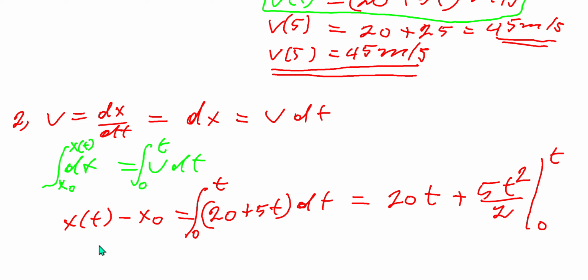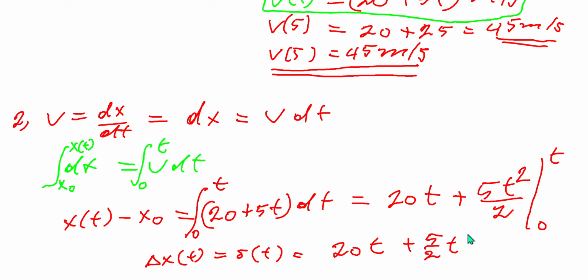So the result will be x of t minus x naught, or simply we can say delta x after time t, or s of t, is equal to 20t plus 5 over 2 t squared.